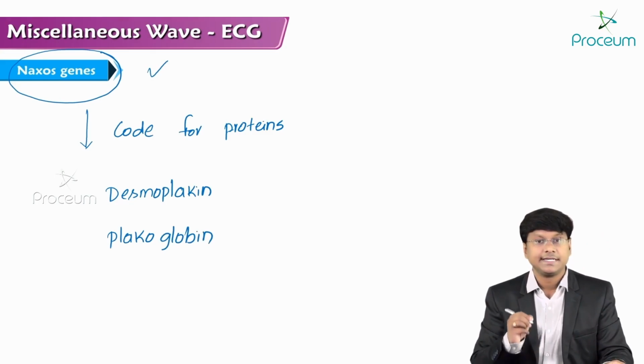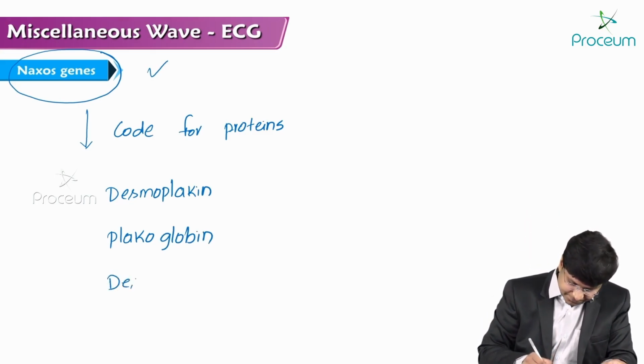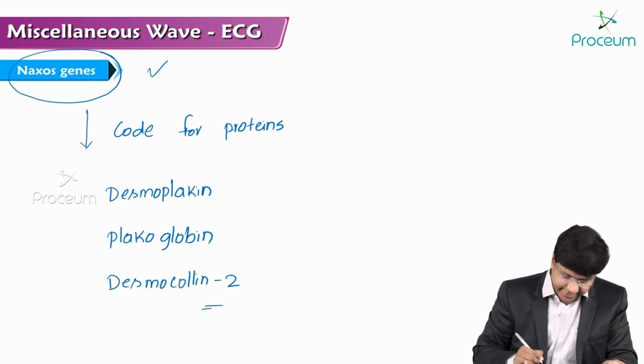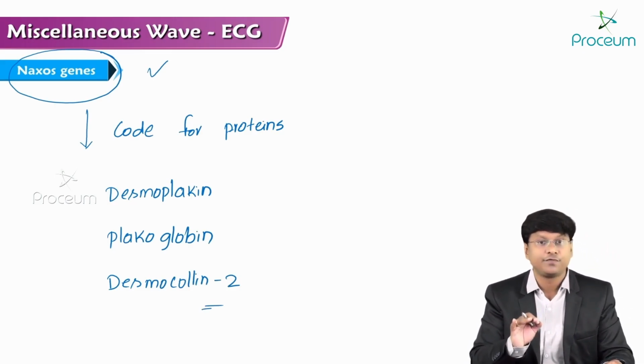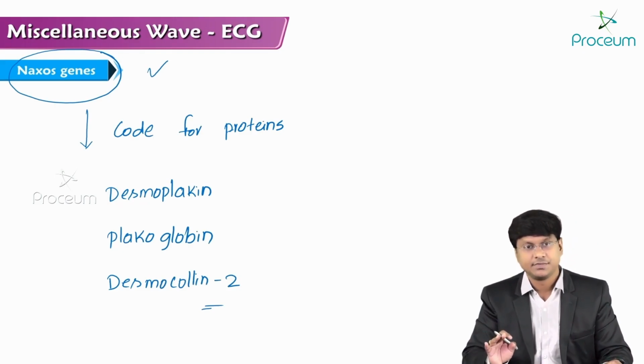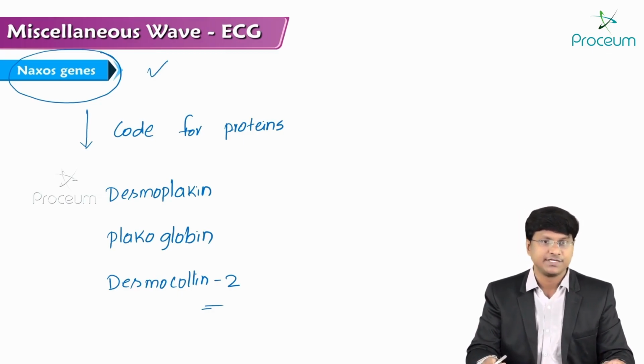Number 3, desmocolin 2. Right, desmocolin 2. So these are the proteins which are coded by the Naxos gene. And because of this Naxos gene mutation, the individual will end up with arrhythmogenic right ventricular dysplasia.